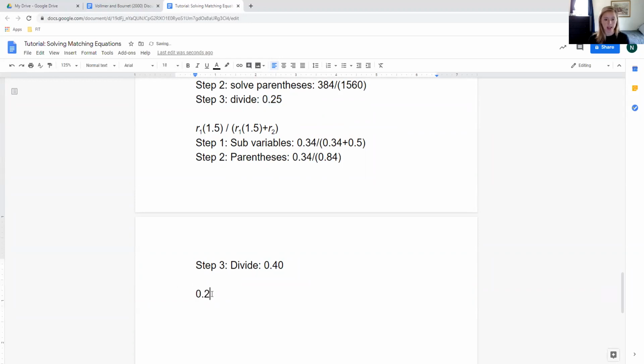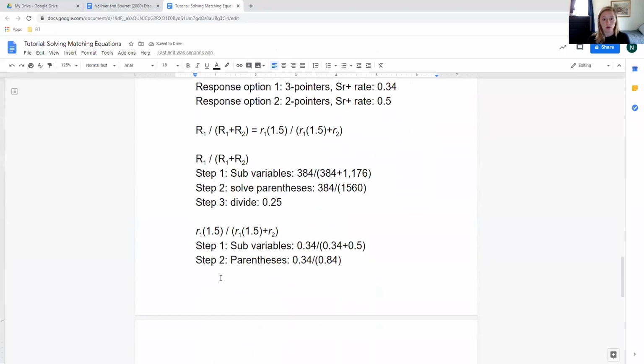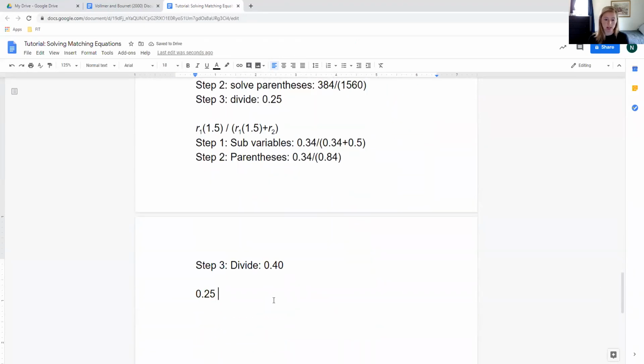Okay, so let's look at these numbers and talk a little bit about what they mean. In this case, we have 0.25, a proportion of 0.25 responses were allocated to 3-point shots, out of the 0.4 that was the proportion of reinforcement when weighted.